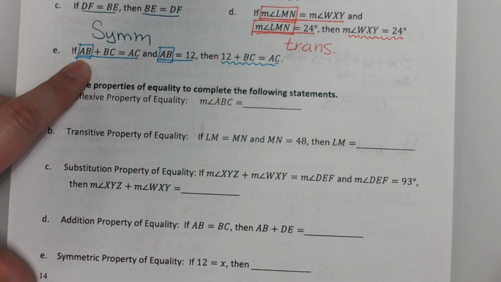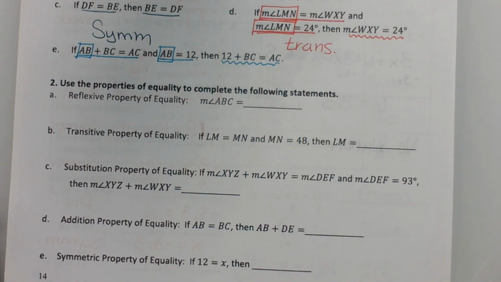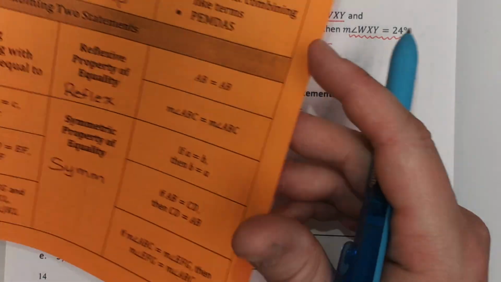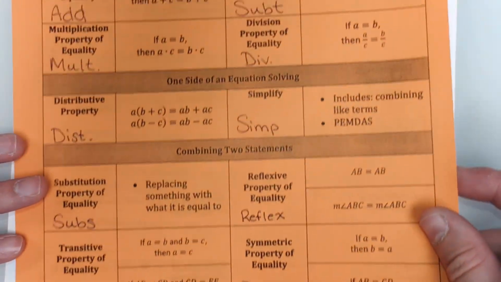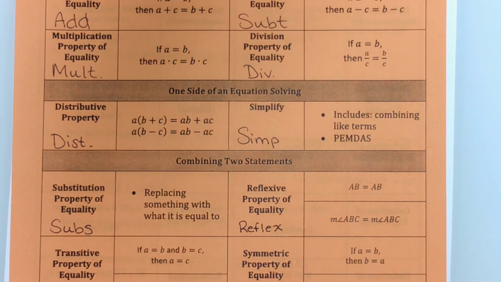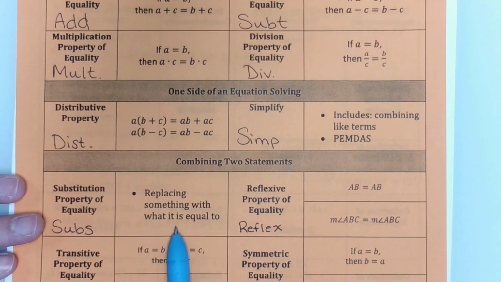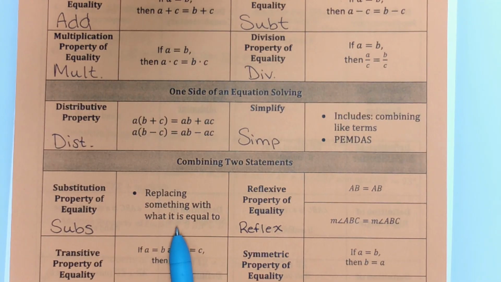We replaced something with what it is equal to. Which property allows us to replace something with what it's equal to? Substitution.